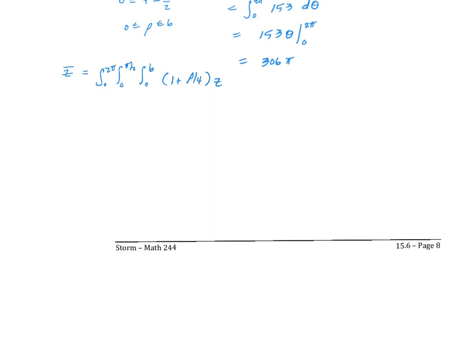But I'm in spherical, so I'm going to have to change that z value to the spherical z value, which is rho cosine phi. And then I still have the rho squared sine phi d rho d phi d theta.